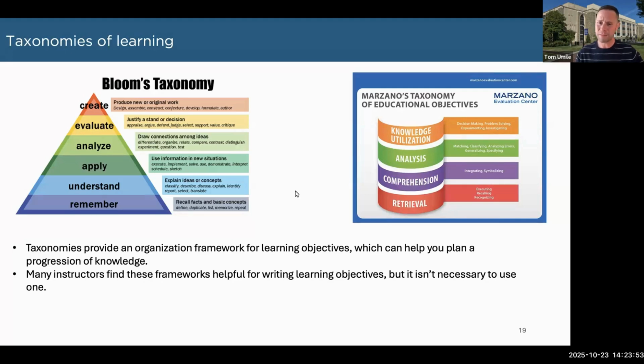Again, a lot has been written about taxonomies of learning, and I'm not an expert in them, but I turn to them often to guide me when I'm having difficulty defining what I want my students to do with the stuff I'm teaching them.